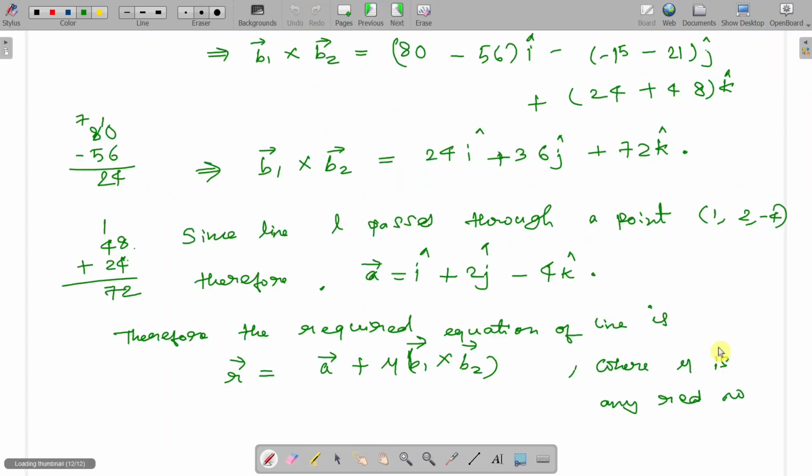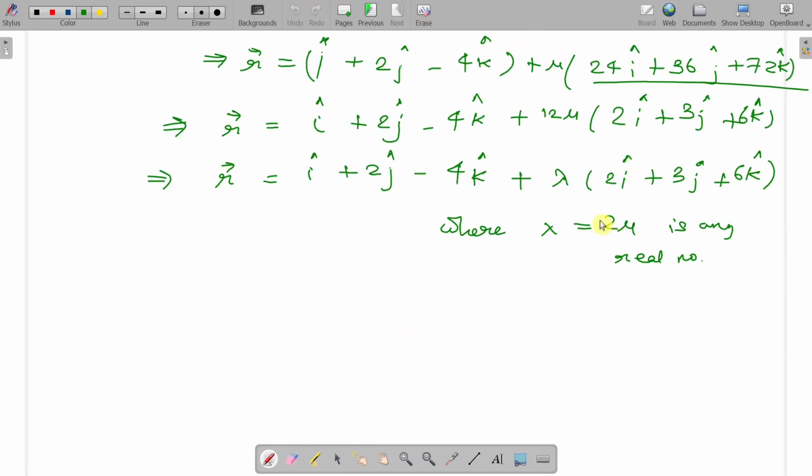Now because mu was any real number, 12 times mu will be a real number only. Okay, so this is the answer.